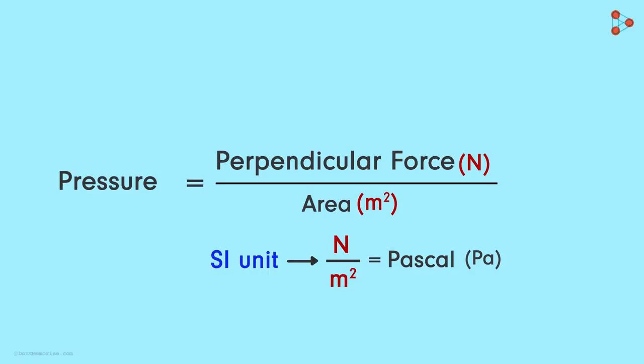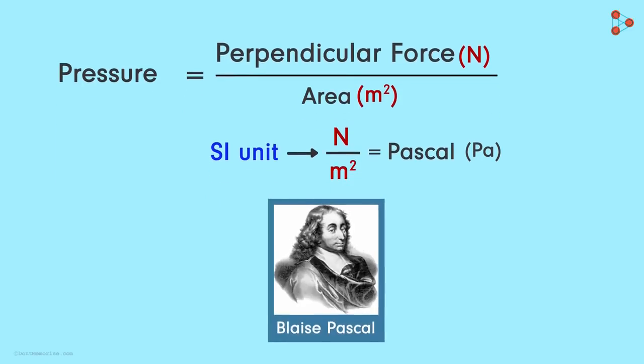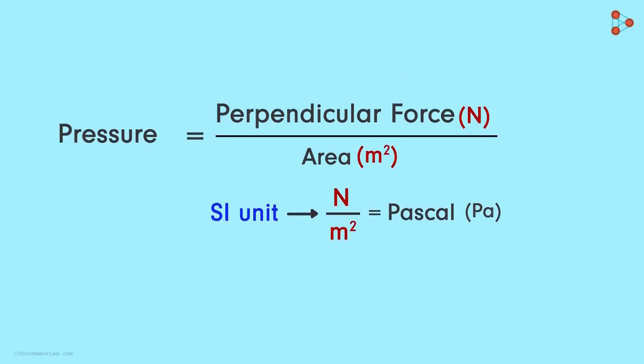Why is it called Pascal? It is given this name to honor the achievements of a French scientist named Blaise Pascal for his contributions in hydrostatics and hydrodynamics. Observe the equation carefully. Area is in the denominator of the fraction. What is this area? Well, this area is nothing but the area on which force is applied. Say I keep the force constant and I keep increasing this area.